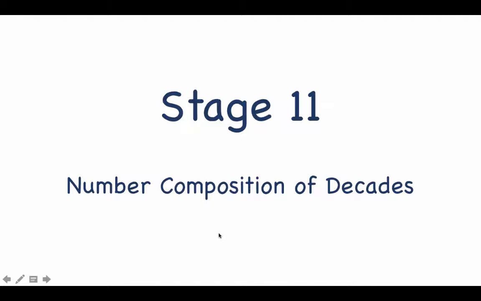When students have mastered the composition of the numbers 11 through 19 as 1 ten and 1 to 9 ones, and the number 20 as 2 tens and 0 ones, they are ready to extend their learning to the decade structure of the base 10 number system.